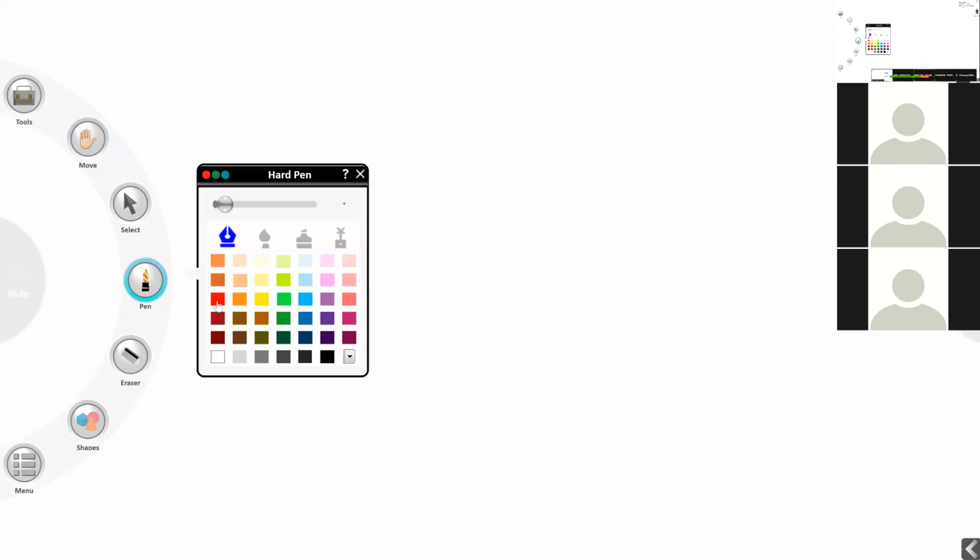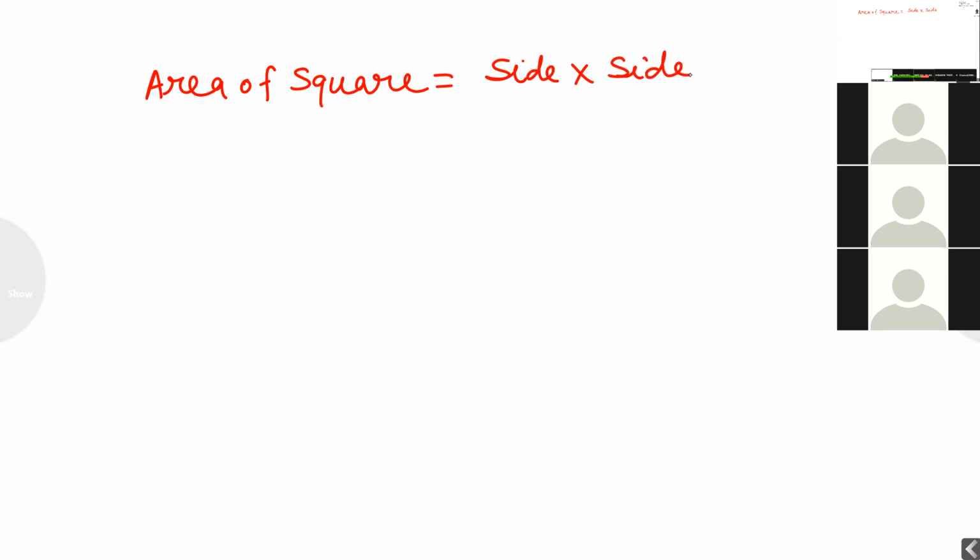Area of square is equal to side into side. Left side length is 4 centimeter. Right side length is 4 centimeter. Total length is 8 centimeter. 8 into 8 is 64 square units.